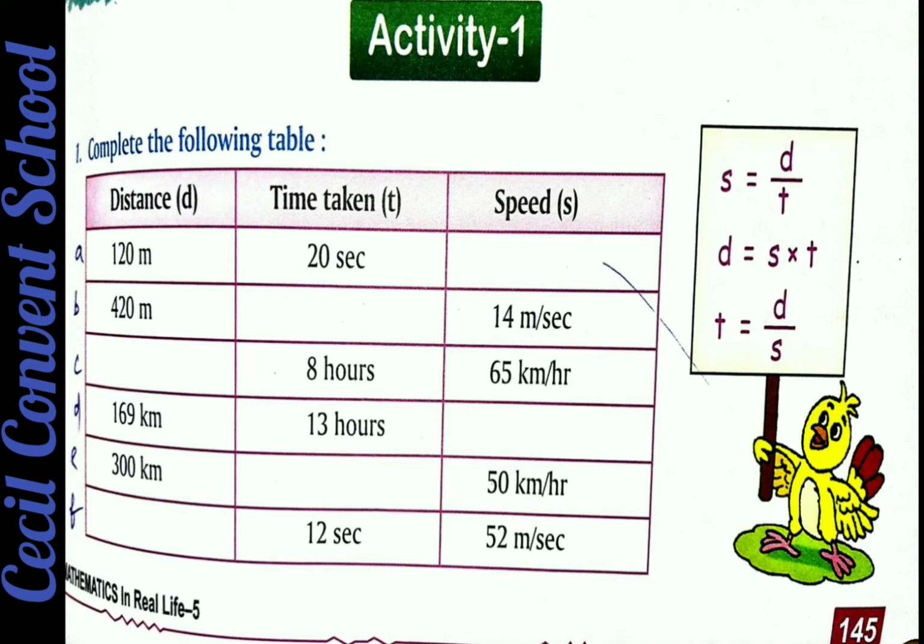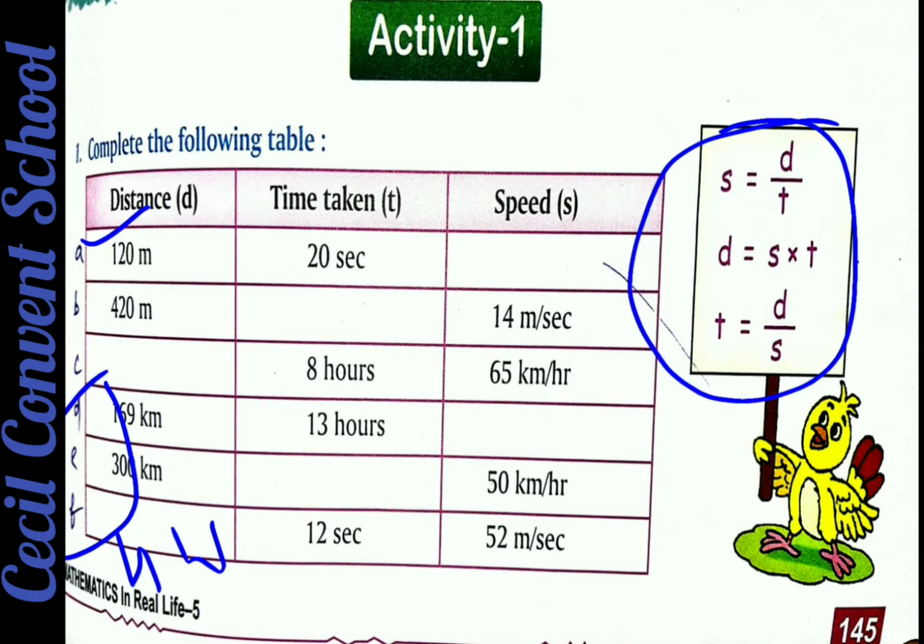So I will do all three types for you, and for the other three types I will give you homework. I will do parts A, B, C, and parts D, E, F are homework for you. You have to do that by yourself in the maths copy. Clear? So let's start with A, then we do B and C, and it totally depends on the formulas which I already told you, and those three formulas you have to write down in your maths copy. Understood?